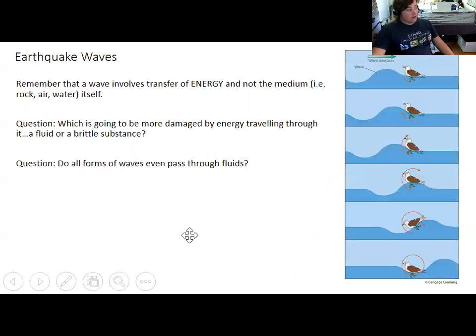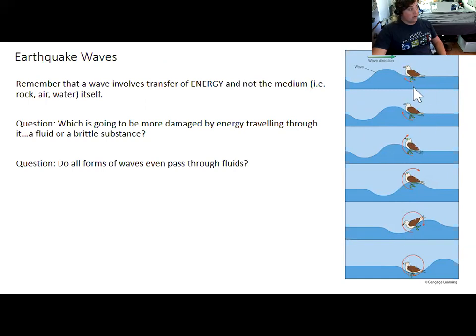And earthquakes involve energy. Earthquakes involve the energy being released from the hypocenter or focus, and energy travels in waves. Waves, like ocean waves, don't actually involve the movement of material for the most part. There is a little bit of movement of material due to friction, but in this example, this seagull is just more or less bobbing up in the same place.